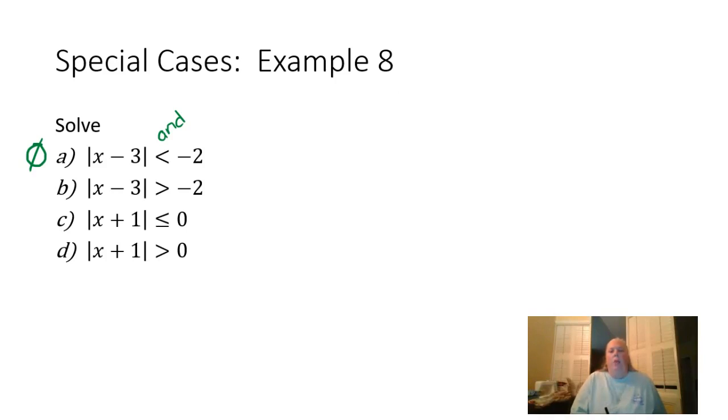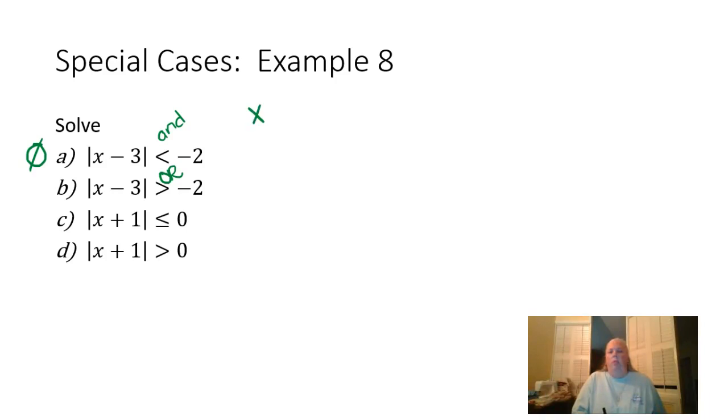For part B, we have the absolute value of x minus 3 is greater than negative 2. These are the problems that are going to turn into a compound inequality connected by the word or, and I know that because it is a greater than sign. Now I want to set up my two inequalities.